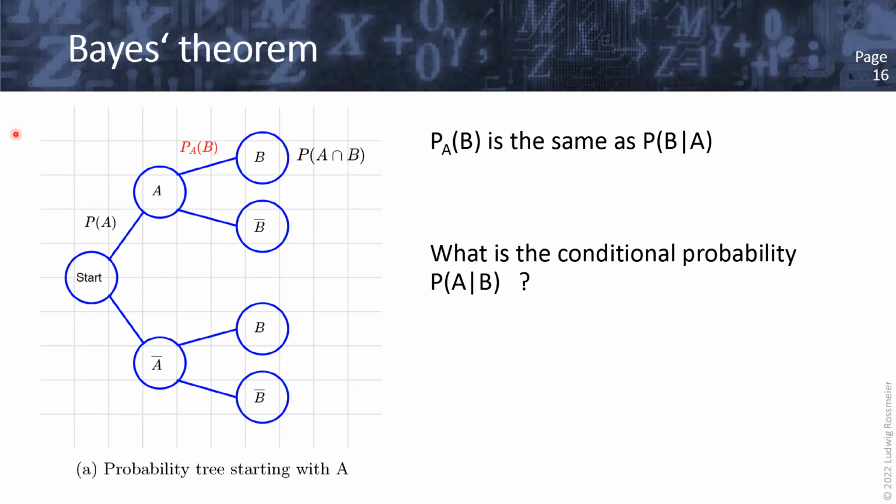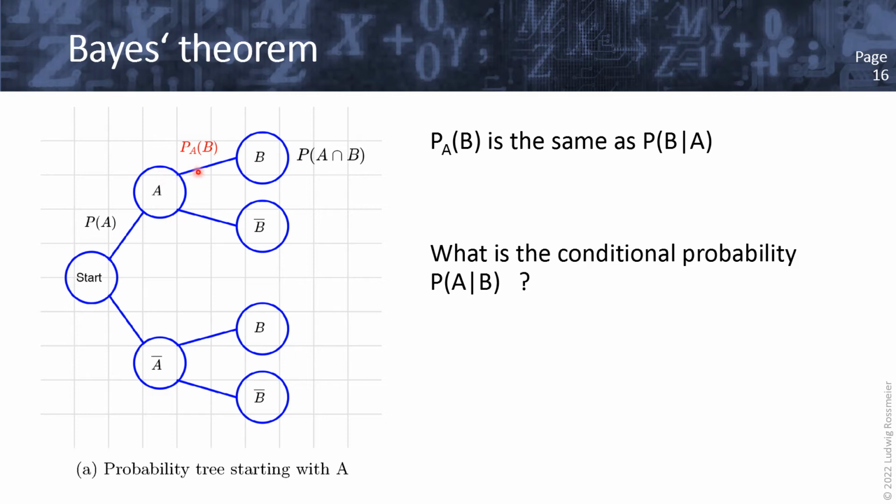A good tool is Bayes' theorem. We have the same probability tree as shown here in a simplified version, with a certain probability for an event A and the inverse probability, so 1 minus the probability, for the event A bar, which is the inverse of event A. Then, after the first experiment, a second experiment is done under the condition that the first one, event A, occurred.